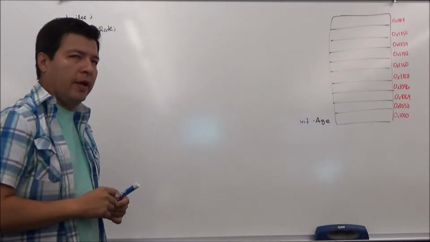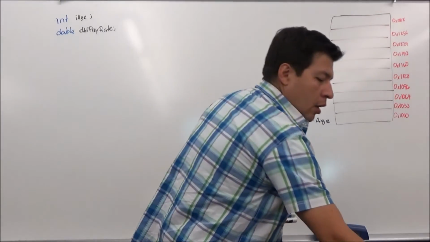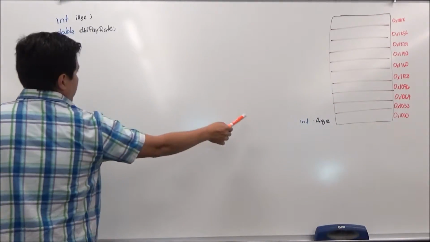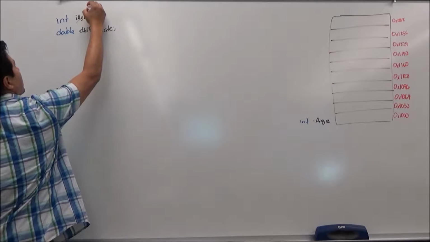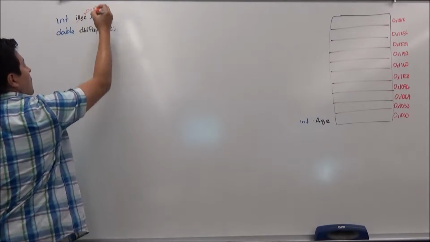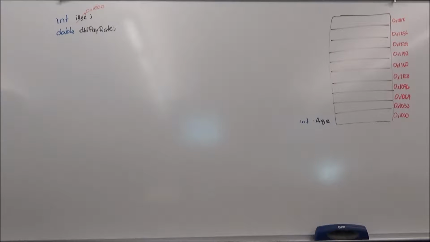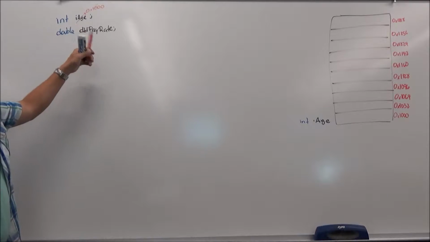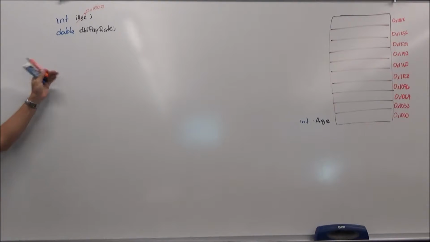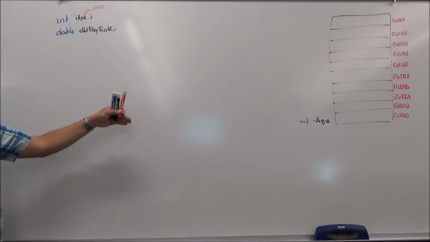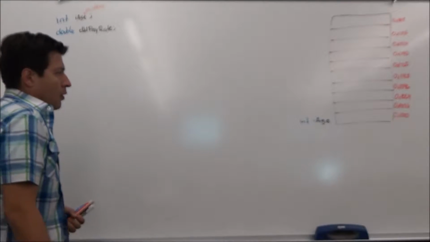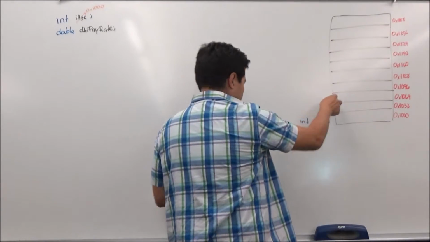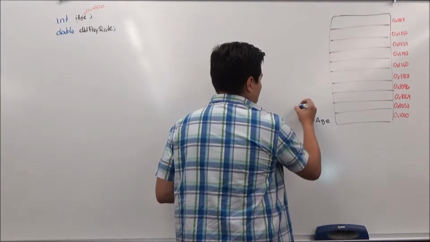So the computer allocates some memory, and in return it replaces the name of the variable with the address where you found it, right? So when you run through the program, instead of saying age equals 30, it's going to say 0x1000 equals 30. The double is going to use 2 chunks of memory. That's why it's called double.